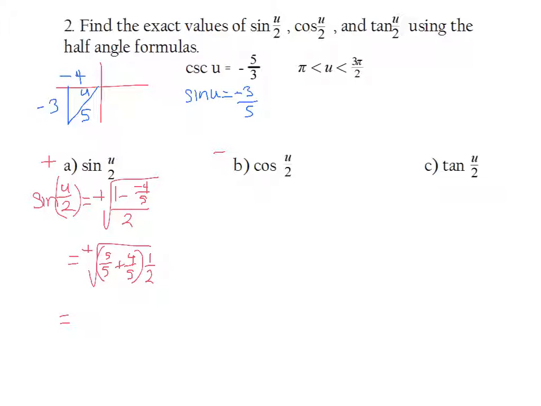That ends up getting us 9/5, but if I take half of it, it's going to be 9/10. When I square root that, and again, it's positive, and if you want to keep writing that positive sign, that's fine. It's not a big deal since it's positive. This becomes 3 over root 10, which when you rationalize it will be 3 root 10 over 10.